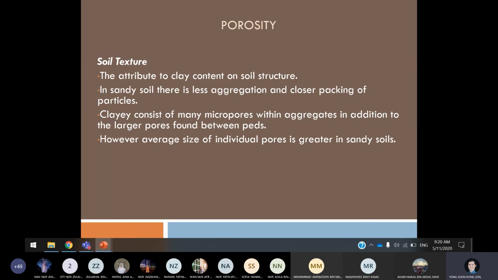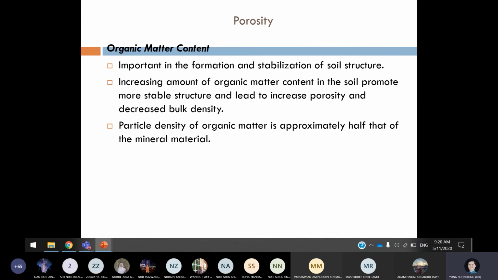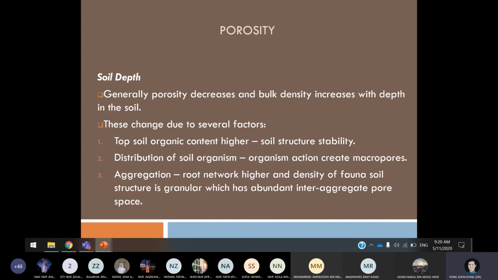I would like to go into the next part, which is soil depth. Now in terms of soil depth, the area that is said to have the most porosity usually sits on top of the horizon. The deeper horizon will have less porosity for an obvious reason.